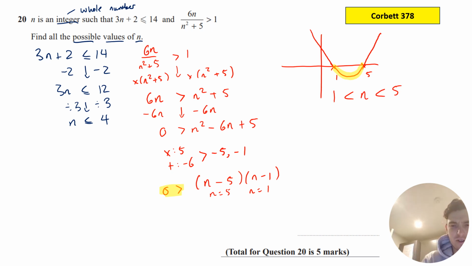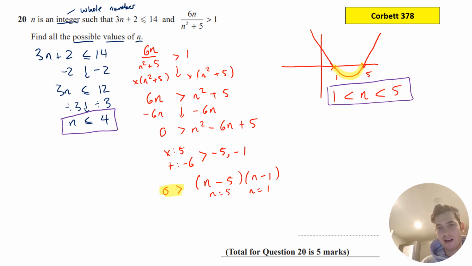Okay, so my final step, what I need to do is combine these two inequalities. And the way that I showed you in class, I quite like this, is put this on a number line. So here's a number line. My first one, I want n is less than or equal to 4. So I want all of these numbers there.